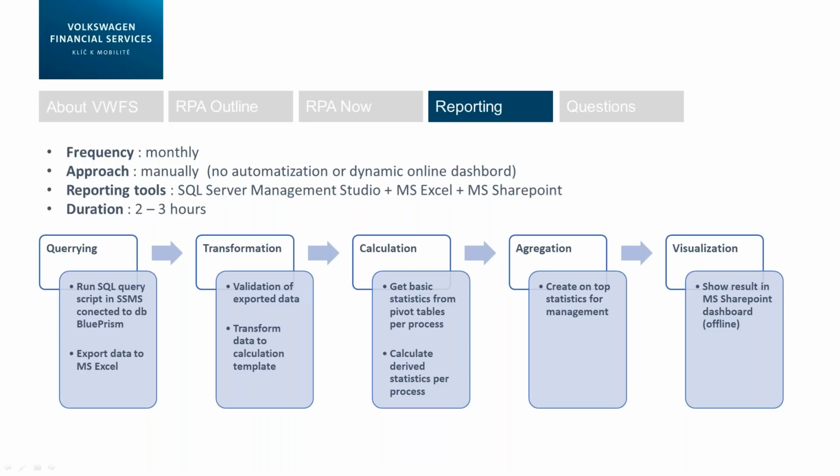When the number of processes exceeded 10, it was more and more time consuming to create individual reports per process manually. So we invested a lot to create an online interactive dashboard to show processing results in real time.